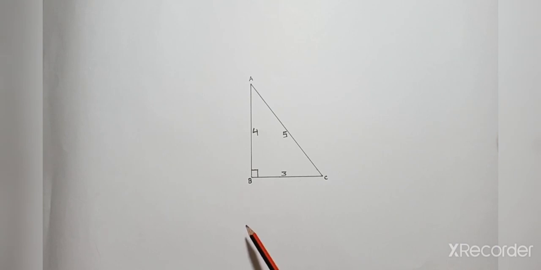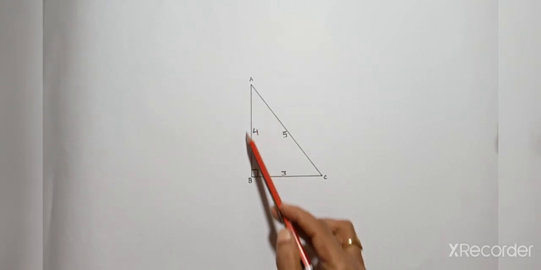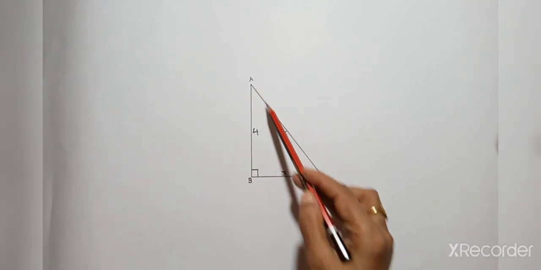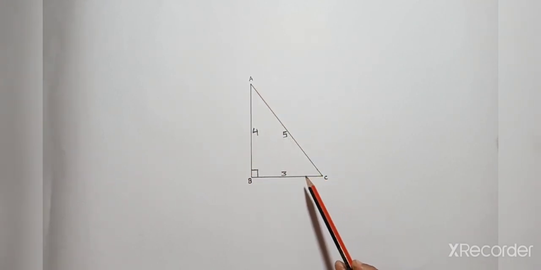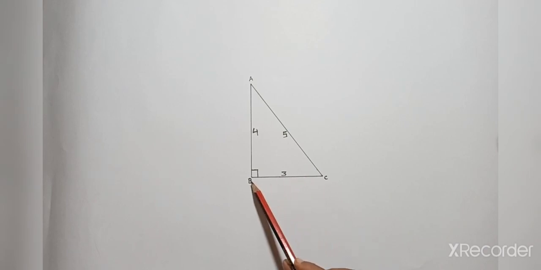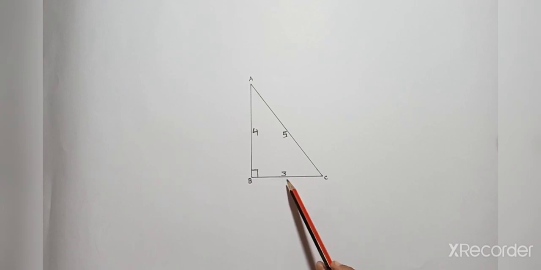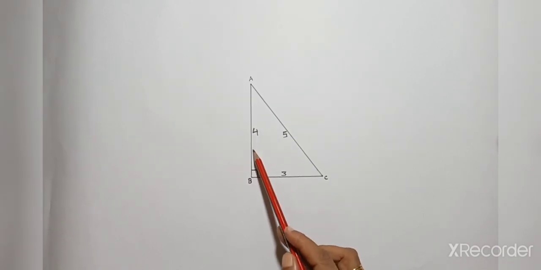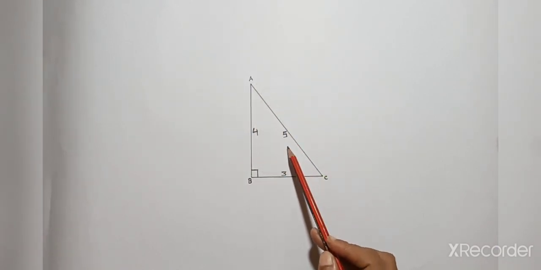So for that you have to draw a right angle triangle like this. This is a right angle triangle ABC. You can see here, in which BC is of 3 units, AB is of 4 units and AC is of 5 units.